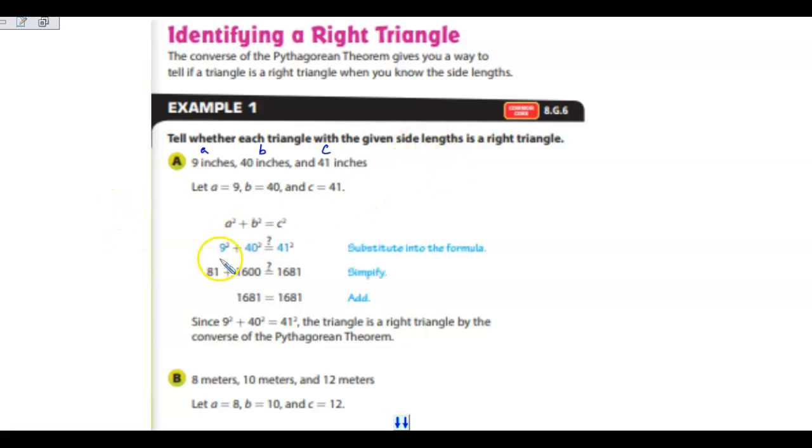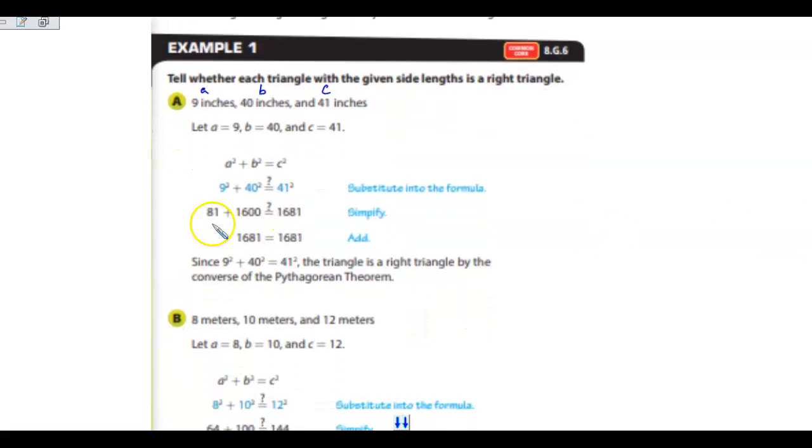So we square 9, that's 81, square 40, that's 1,600, and square 41, and that is 1,681. If I add 81 to 1,600, I get 1,681. It is equal, so yes, this is a right triangle.